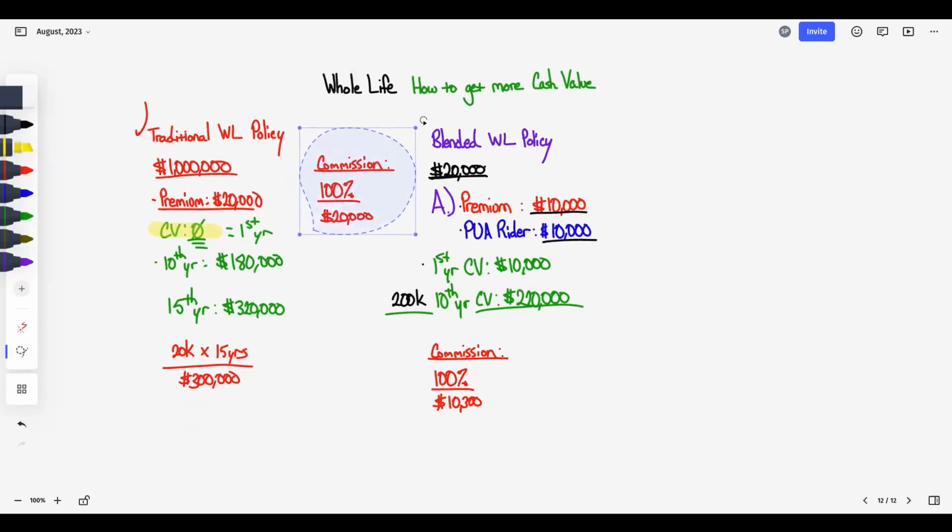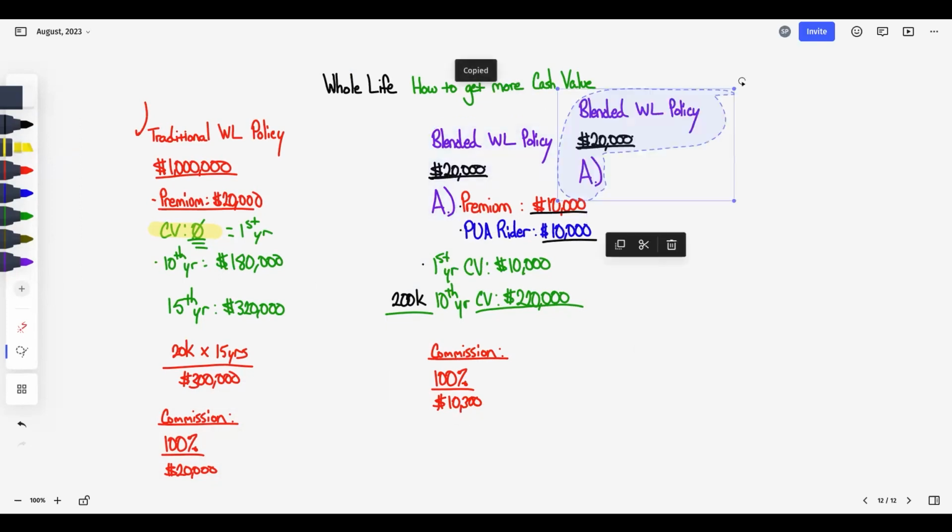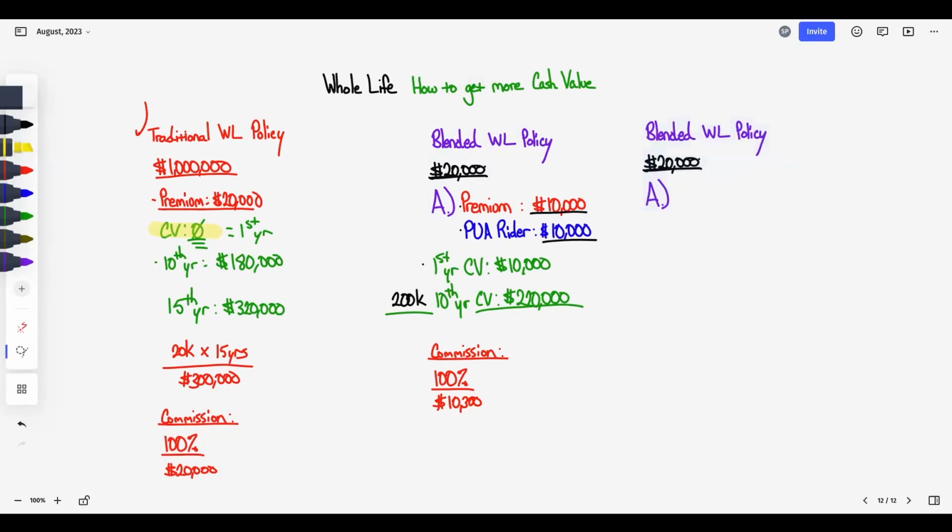So what that means, let's call this blended policy B. The same $20,000 we'll use. Check this out. We'll pretend this is the exact same company. The difference now is this.